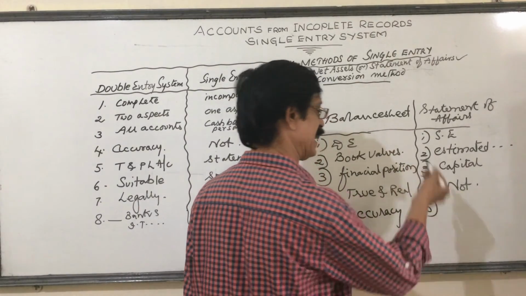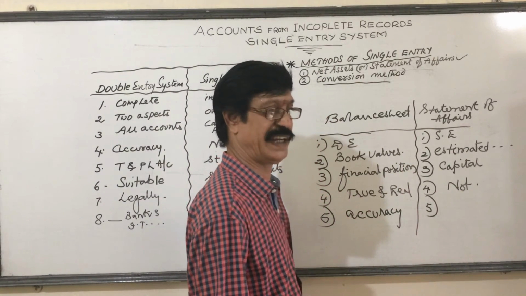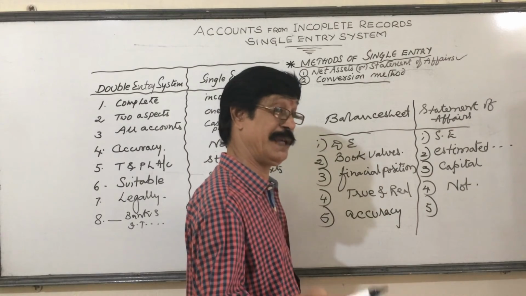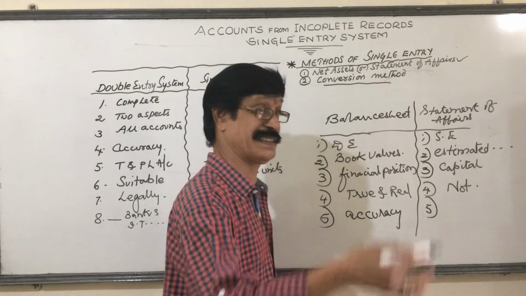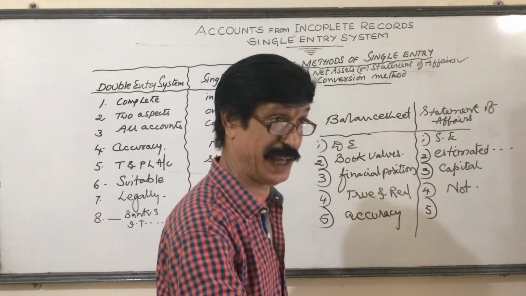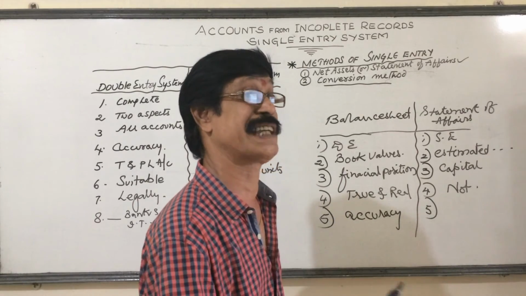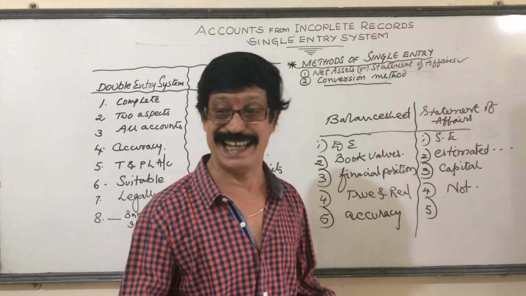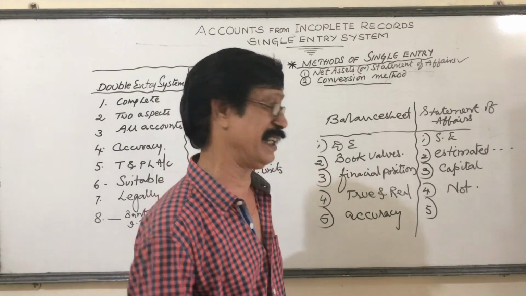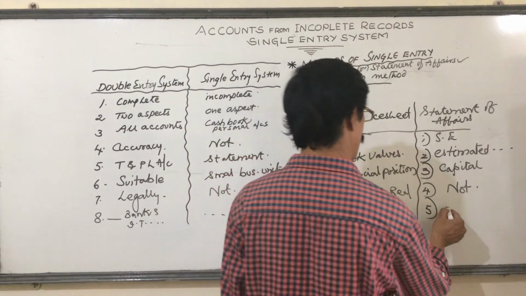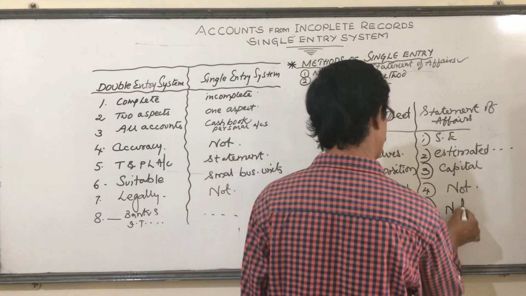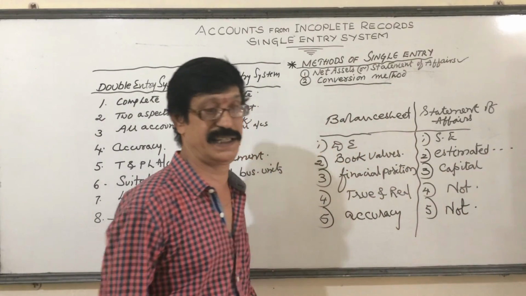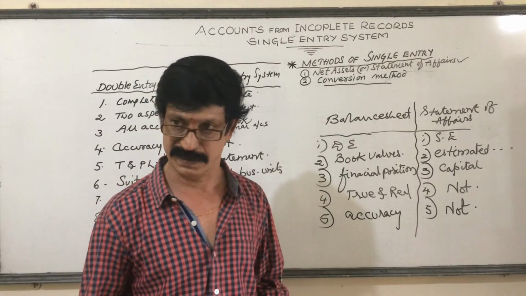But through statement of affairs, we can't find accuracy. Why? Because only by comparing the assets and liabilities, total of assets minus total of liabilities, we are estimating how much capital we have on that day. We don't know exactly how much capital. We are estimating the capital at the end of the year. So the accuracy of books cannot be understood through the single entry system or statement of affairs.